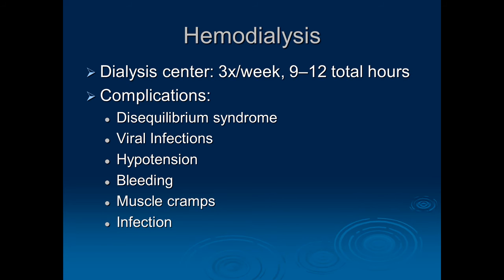And you've got to realize some drugs are actually removed during dialysis, so you wouldn't want to administer certain drugs before they go and have their dialysis. And there's certain drugs that are contraindicated if they're about to go have their dialysis as well.